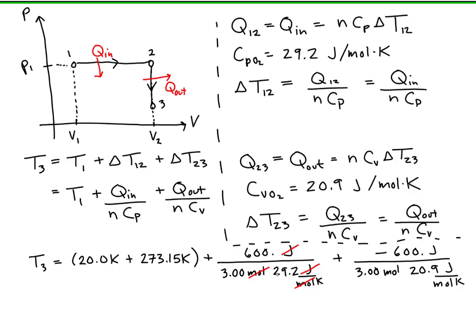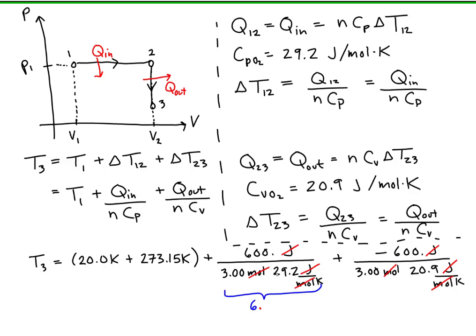Let's do a unit check by canceling units. Joules cancels with joules. Moles cancels with moles. This leaves us with Kelvin, which is what we would expect for the temperature.